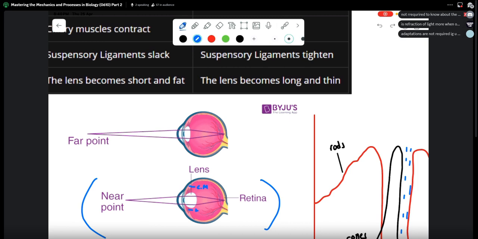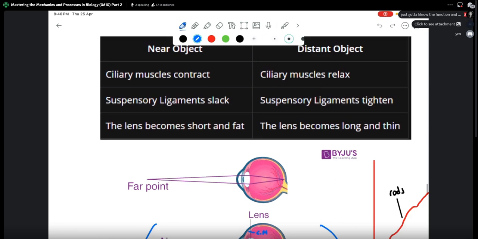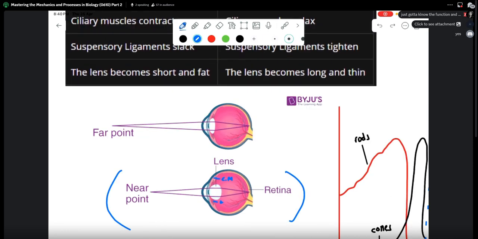It's almost like the suspensory ligament and the ciliary muscles are working hand in hand. One is contracting, and another one is relaxing. So remember, it's always one side that contracts, another side that is relaxing. For looking closer, you try to put your hand close to your eyes.